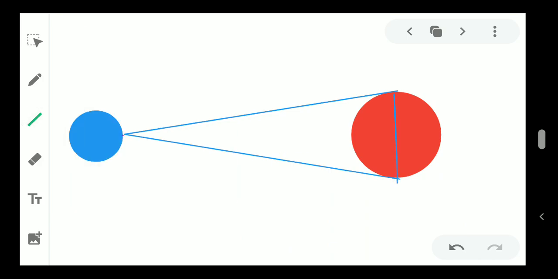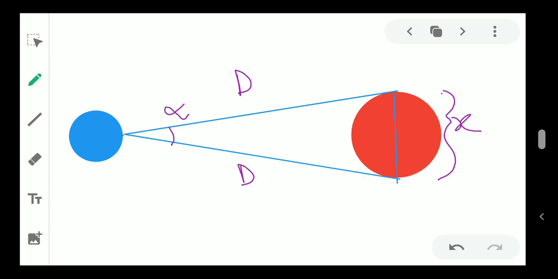Now we already know the distance, big D. This is my big D in this case, and this is my diameter, x, of that respective star. This is my angle of subtension.